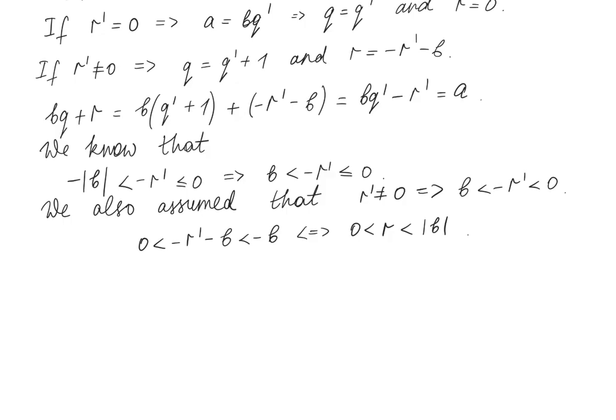So what did we do when b was less than 0? We found a q and r, which were both integer numbers, and you could write a as bq plus r, and r satisfies this condition.